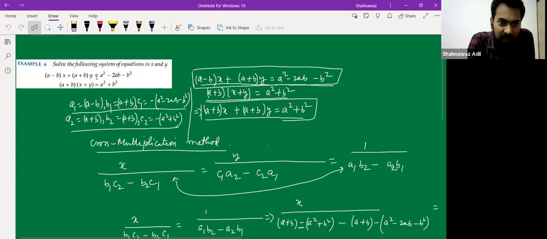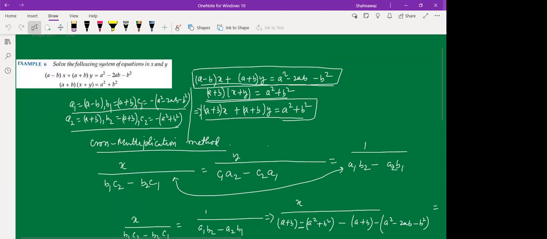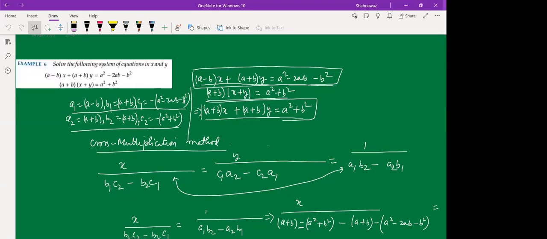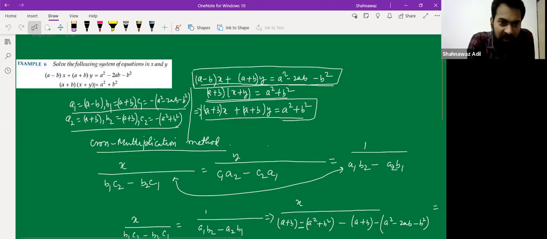You have ax plus by, and whatever is remaining, that is the constant term, right? Oh, I have already written the answer. So C1 is minus of the whole term, minus of A square minus 2ab minus b square, right? Yes. And then, tell me what is C2?